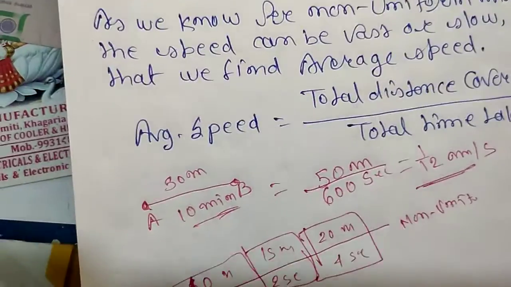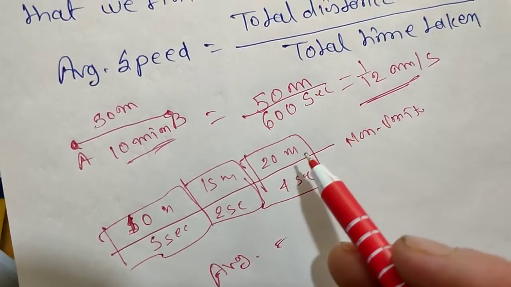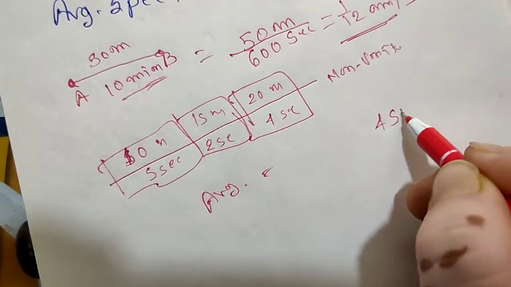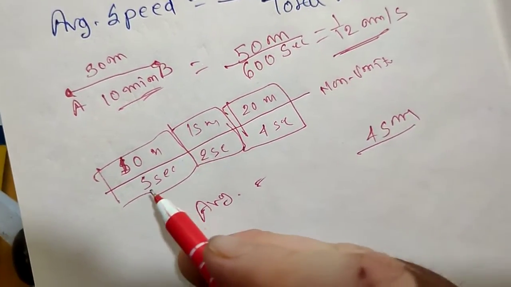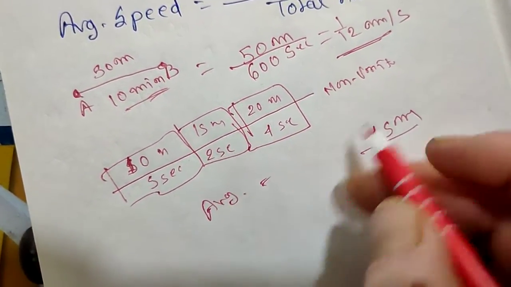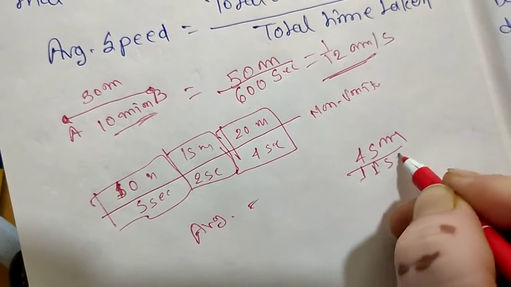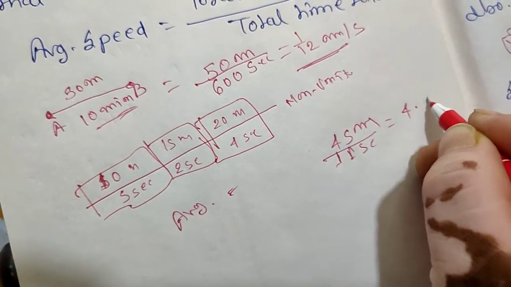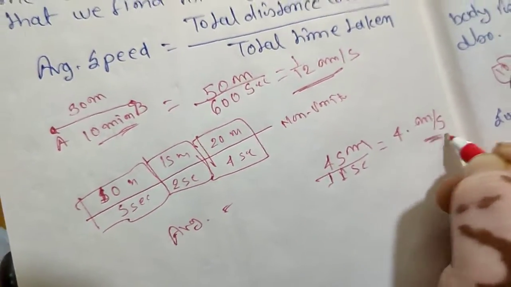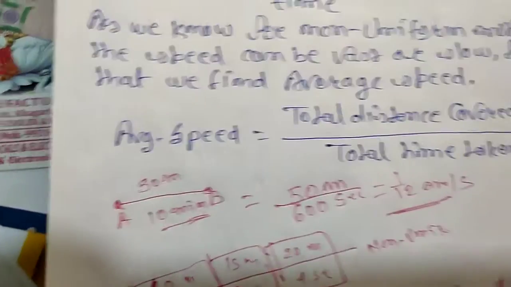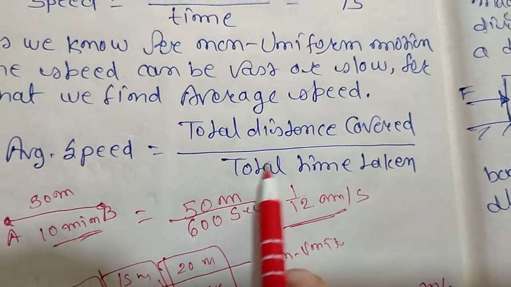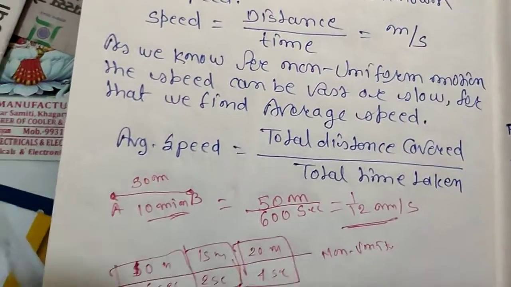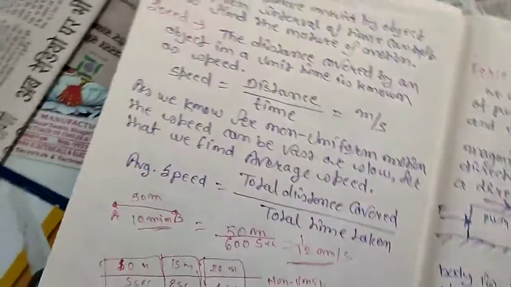Total distance covered is 10, 15, 20, that is 45 meters, over total time 5, 2, 4, that is 11 seconds, which is about 4 point something meter per second. So this would be the average speed. That means average speed is total distance covered over total time taken. This is the case when the motion is of a non-uniform nature.